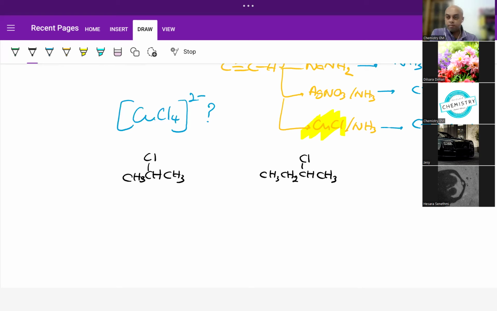Look at the board, I have written it. How do you attempt to separately identify these two compounds? Explain. Give it a try.